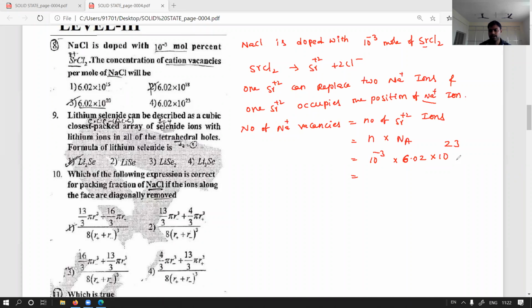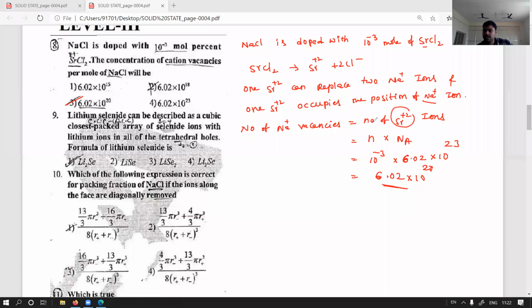The powers combine, and the resultant value is 6.02 times 10 to the power of 20. So 6.02 times 10 to the power of 20 Sr2+ ions are present.